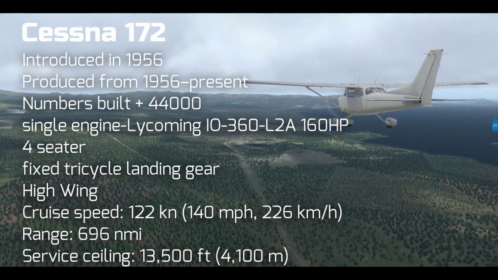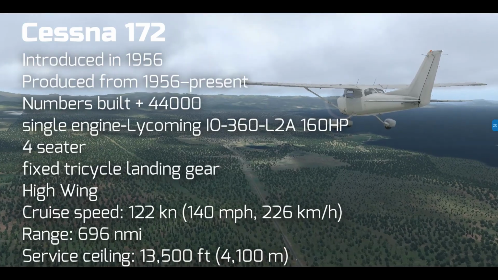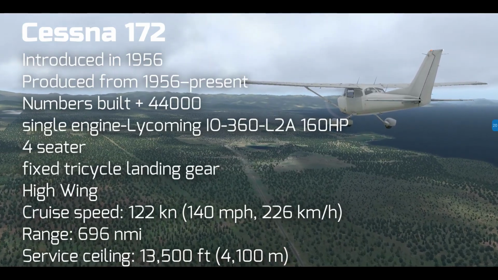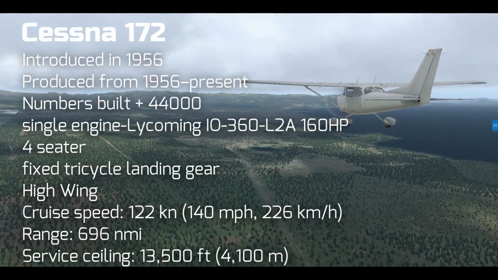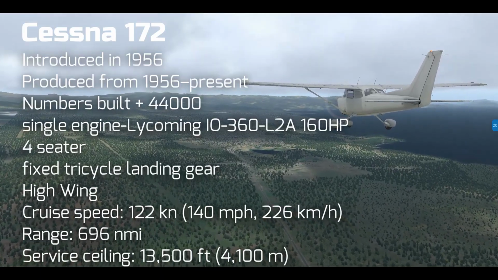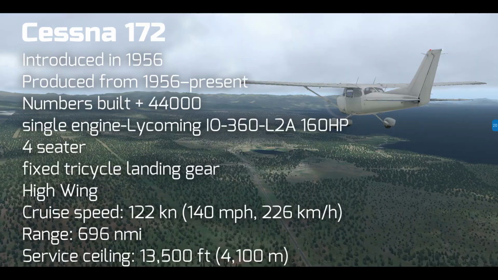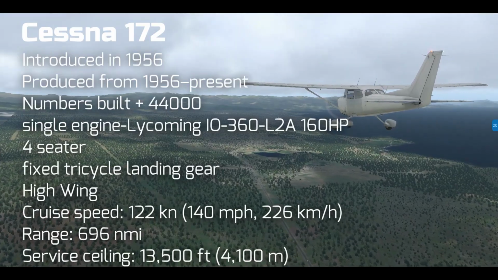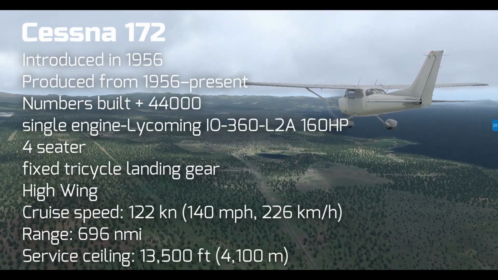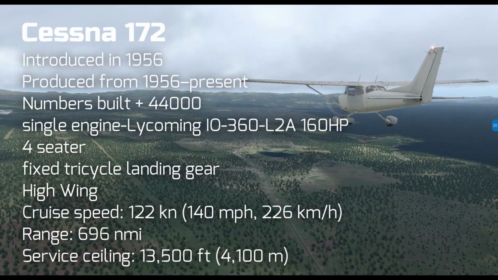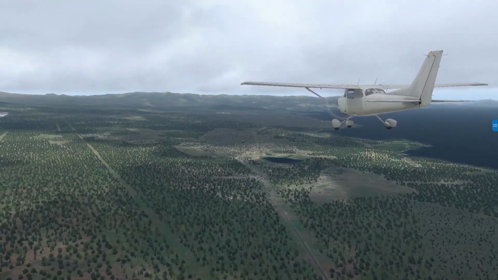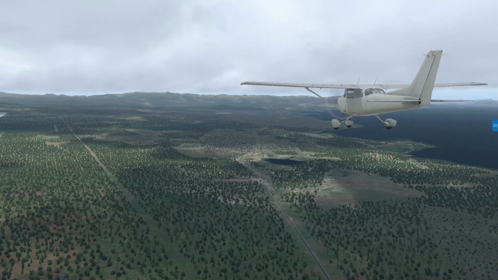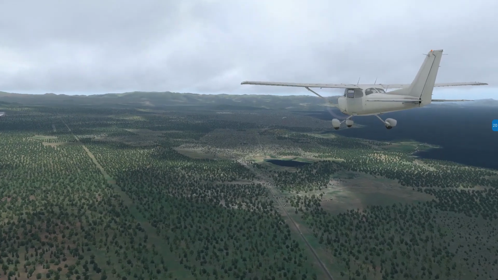It has a simple design with 1 prop engine, a high wing with a fixed tricycle landing gear, and a simple, robust fuselage. It can carry 4 people and it is easy to fly. Just like the Cessna 152, the simplicity of this aircraft is loved by aviation schools and many private owners all over the world. At the moment, we've just overflown the town of Sake, 22 kilometers west from Goma International Airport.